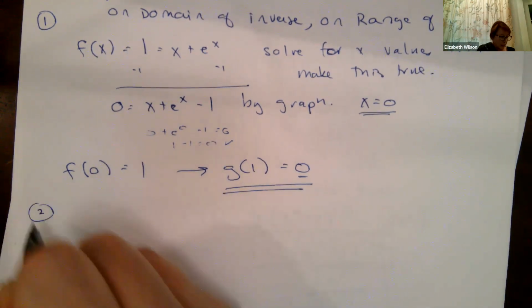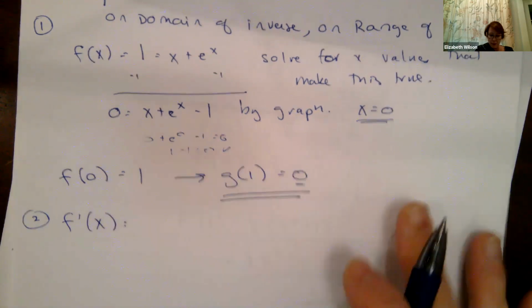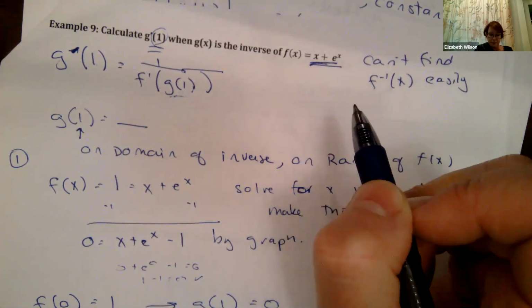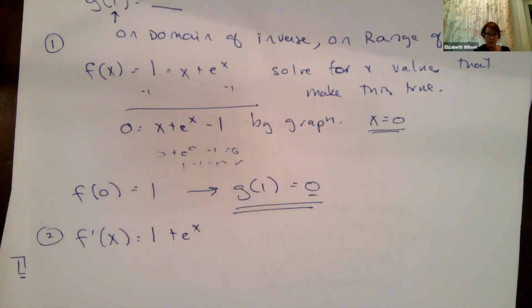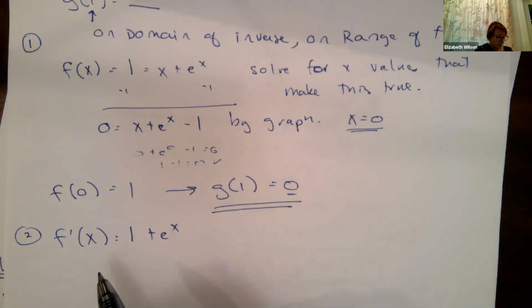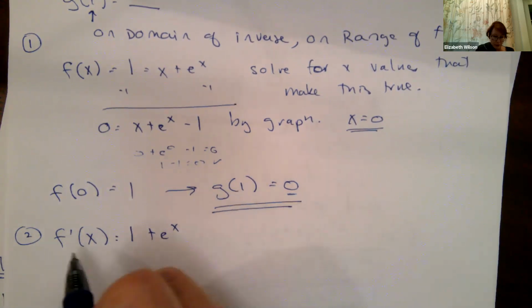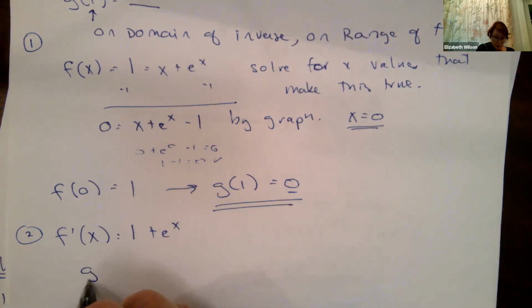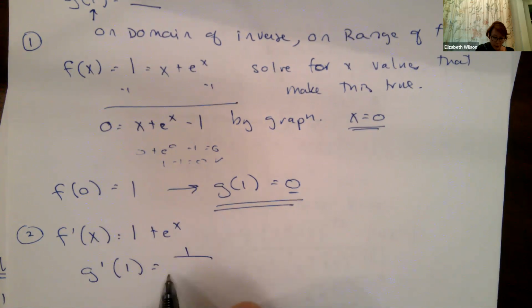So what I'm going to do is this. I have to take the derivative of my function. Go back up to here, taking that derivative. That's 1 plus e to the x. Now let's do this step. So we want g prime evaluated at 1 is equal to 1 over f prime of g of 1.